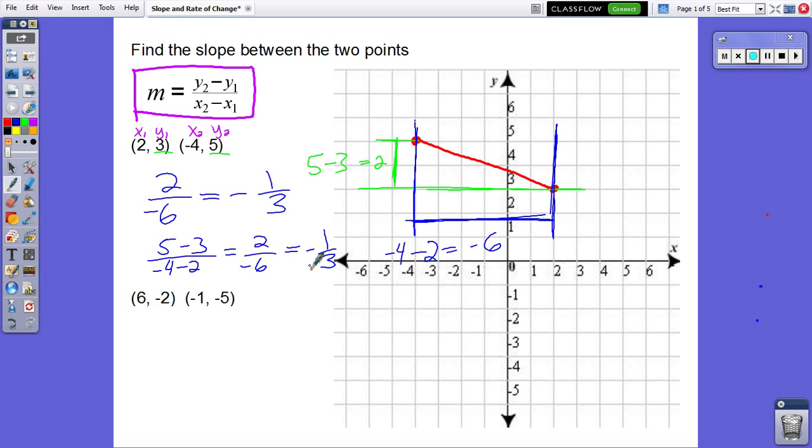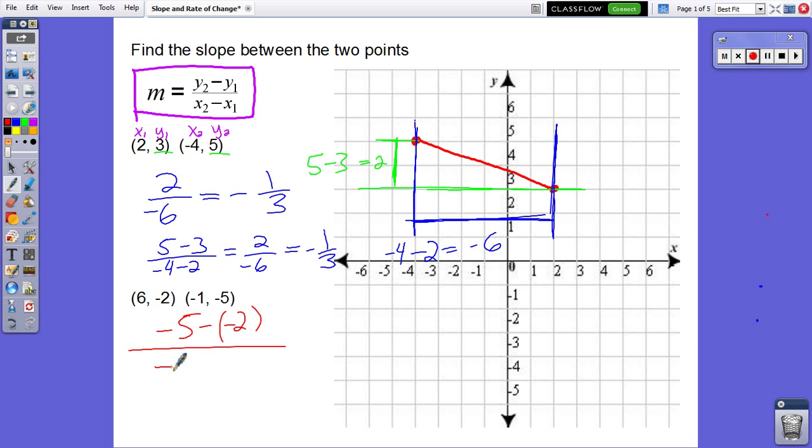For the second pair of points, I'm just going to use the formula. So we're going to do one y value, say negative 5, minus the other y value, negative 2. Be very careful about your negatives here, since we do have to subtract a negative.